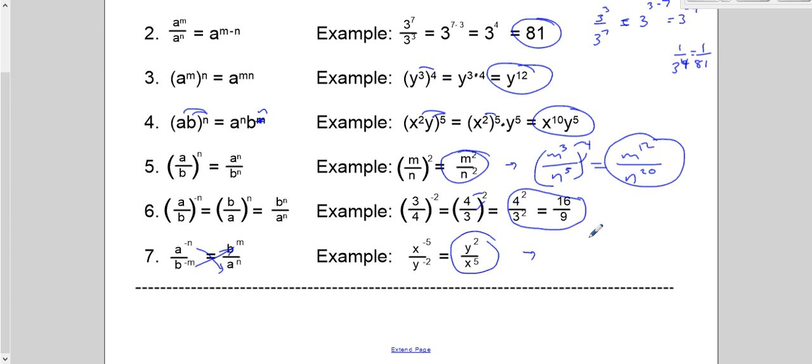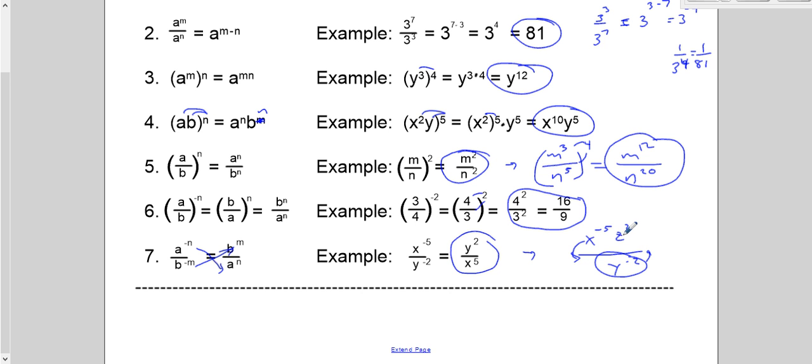If I have x to the negative 5th and z squared over y to the negative 2, so that x to the negative 5 is going to go down, and the y to the negative 2 is going to go up.